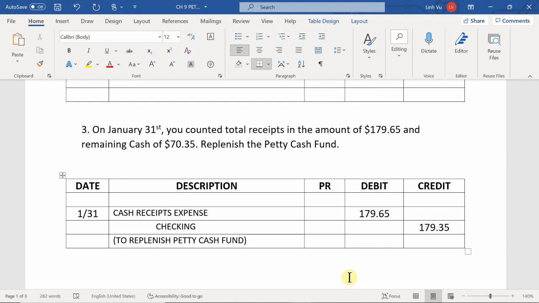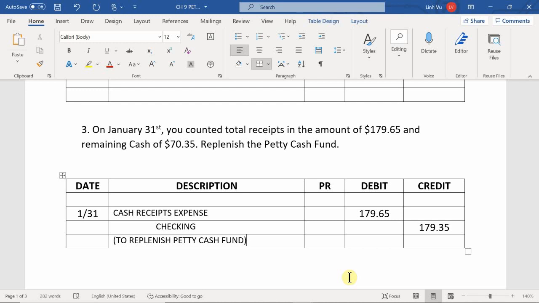Okay. Is this one getting more clear? Nope. Can you explain again? Okay. Right in the very beginning, I started out with my petty cash drawer at $250. As I'm spending the money through the month, at the end of the month, I realized that I spent a total of $179.65 worth of receipts.